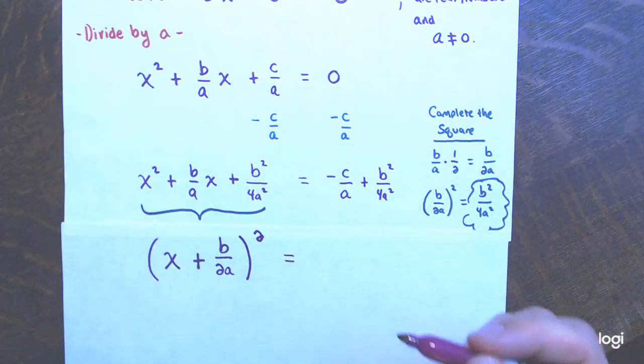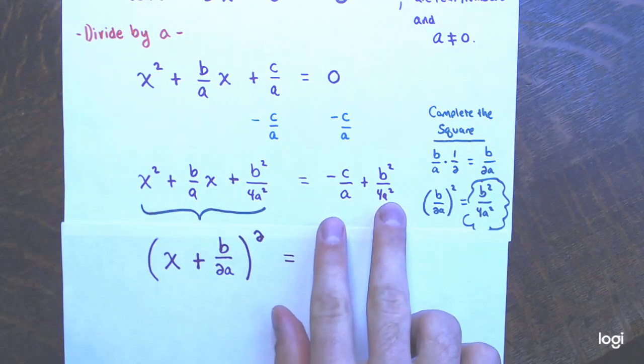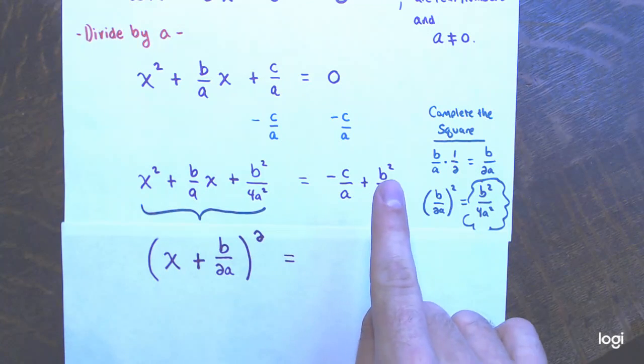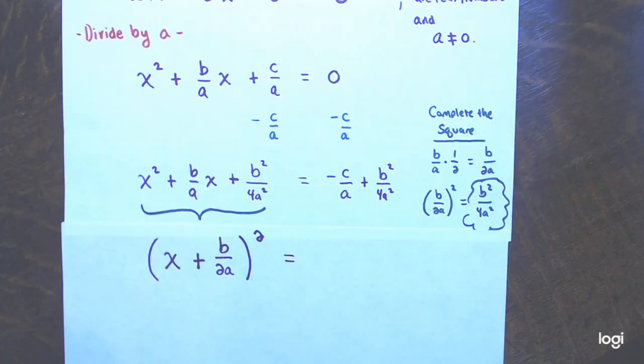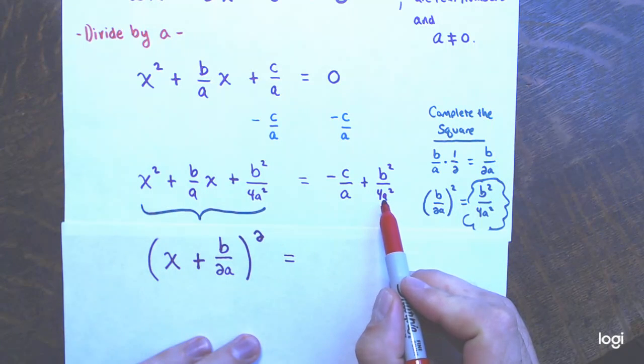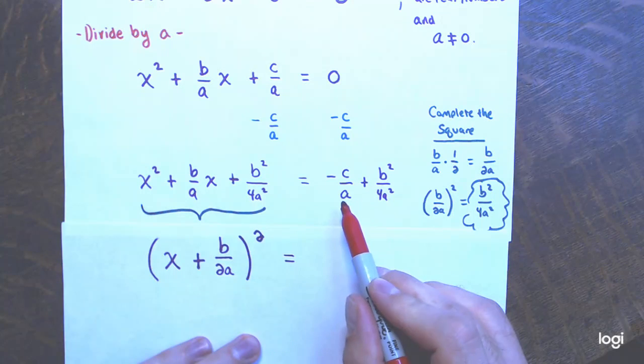Alright, this is equal to, now on this other side, I have 2 fractions that I'm adding: negative c over a plus b squared over 4a squared. When you're adding fractions, you need to have a common denominator. Well, this denominator is 4 times a squared, so it has an a already.